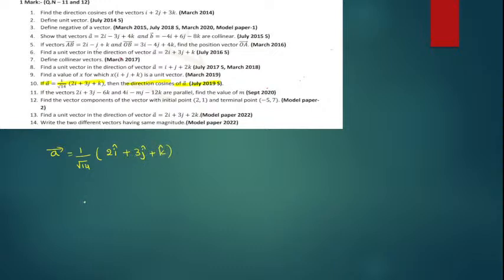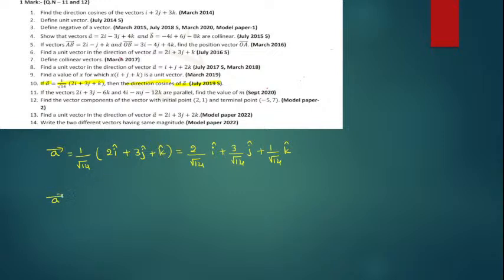They are asking the direction cosines of vector A. So you can write this as 2 divided by root 14 times of i cap plus 3 divided by root 14 times of j cap, again 1 divided by root 14 times of k cap. They are asking the direction cosines of the given vector A.